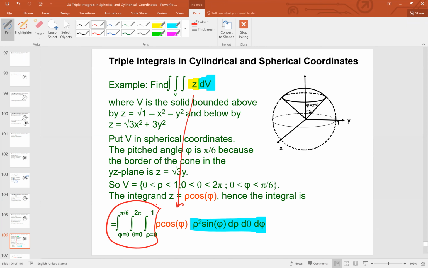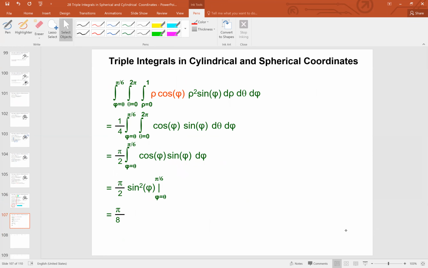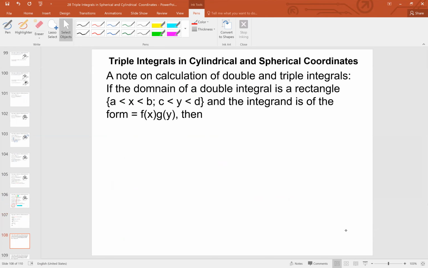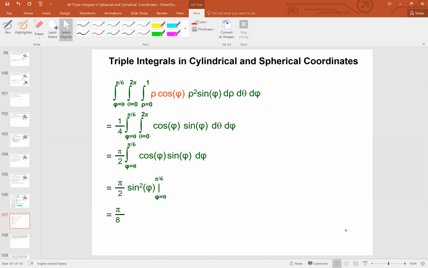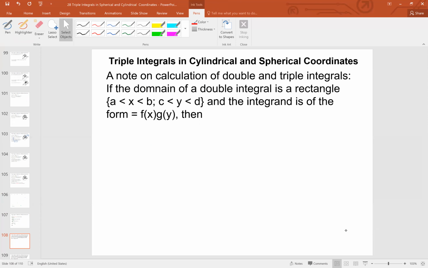And this is the description of the solid we're integrating over, this ice cream cone. And that's what it comes out to. I will leave this for you to check.